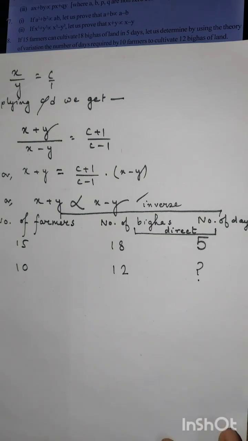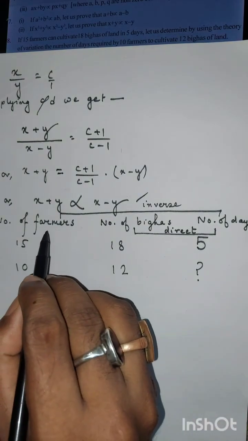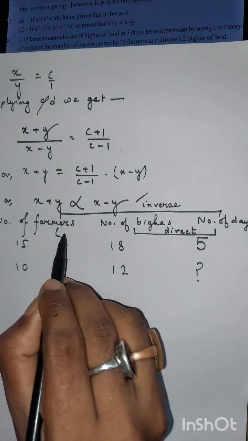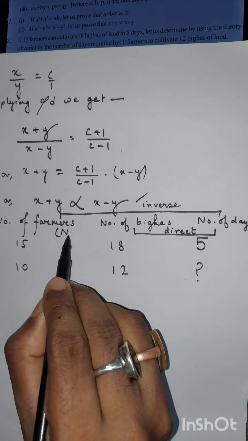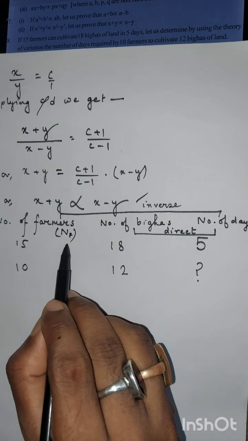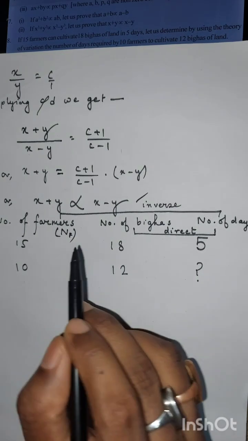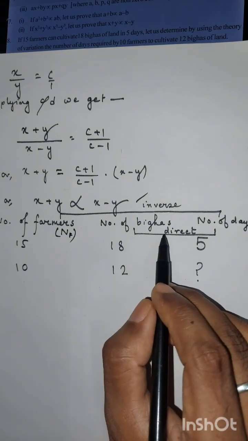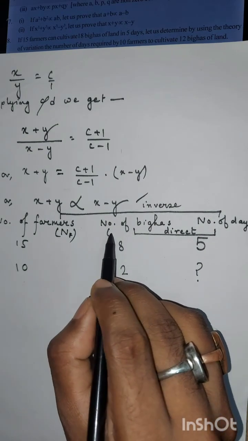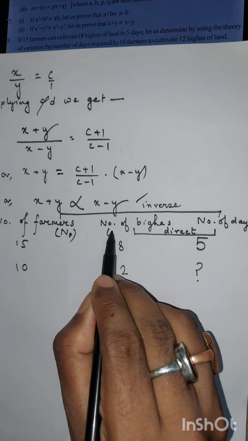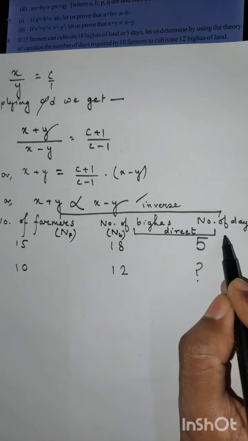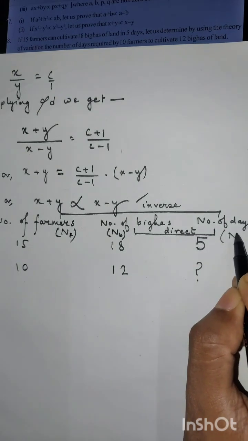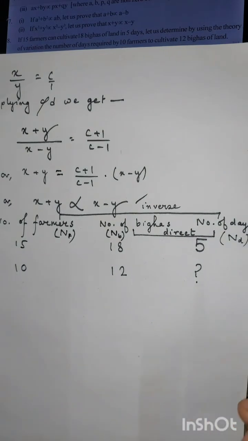So we can write, let us say number of farmers are denoted by NF, F in suffix. Number of bighas is represented by NB, and number of days is represented by ND.